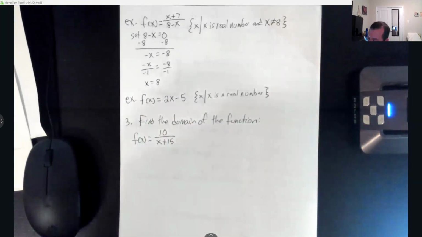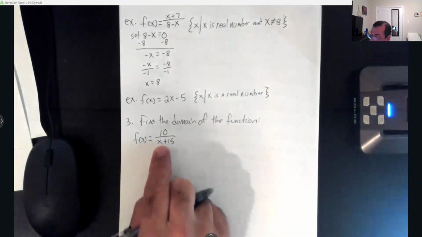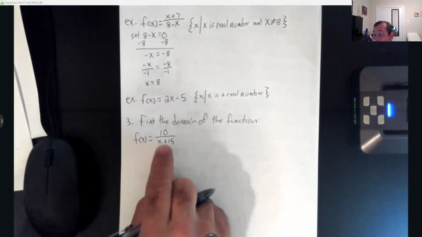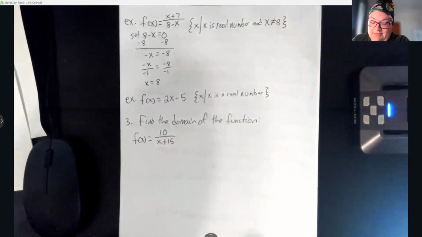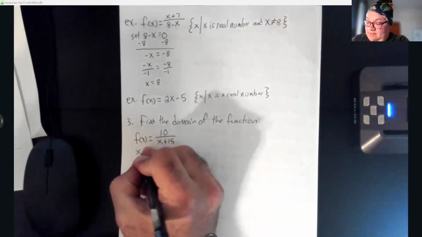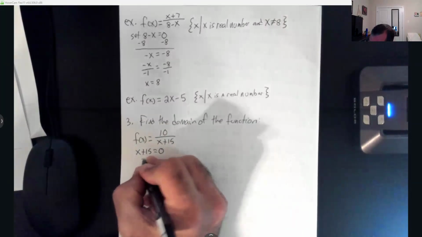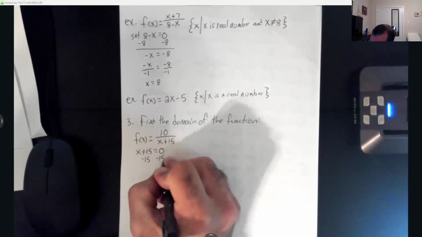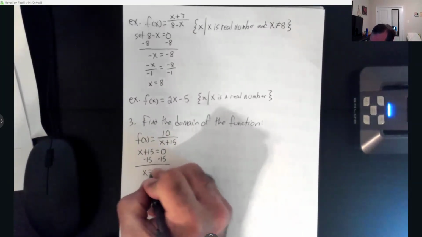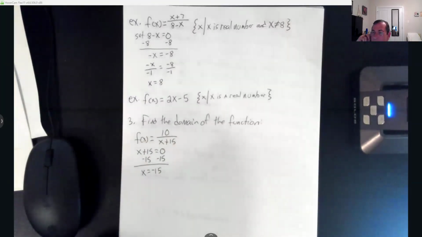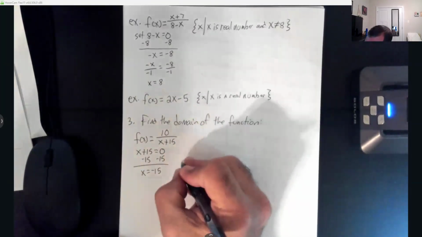Well, guess what? You got a fraction. And you can pretty much look at that and tell me, couldn't you, Aaron? -15. -15, so officially I'll just set it equal to 0 and subtract that 15. And x was -15. So you have to kick out that -15 you gave me.